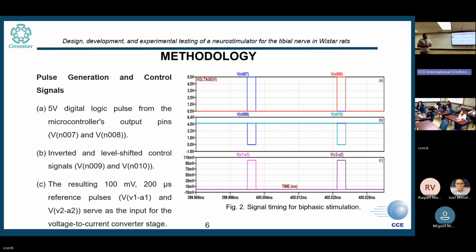And we use a voltage source to control the voltage that we use in the voltage to current converter. With the same pulse that we produce with the microcontroller, we produce the pulse of the current that circulates through the load.